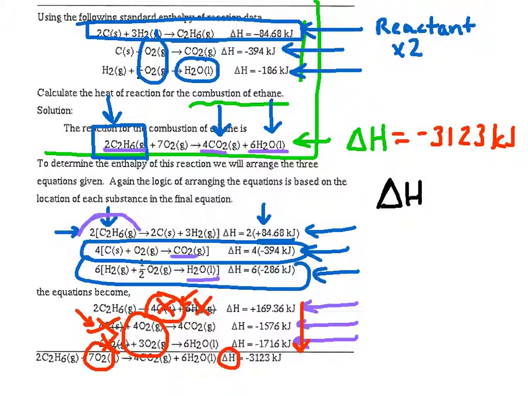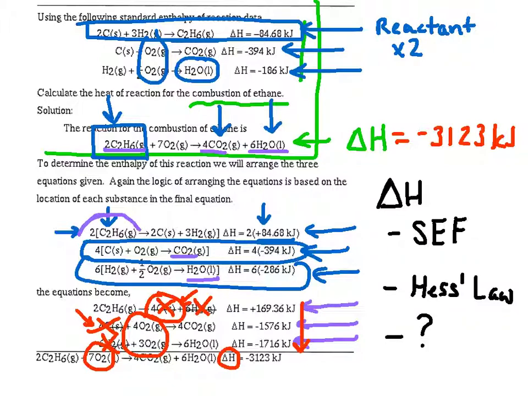You can find it by using the standard enthalpies of formation from the table of values, or you can use a series of thermochemical equations and the concepts from Hess's Law to calculate delta H. And as I said, there's one more coming up that we'll look at.